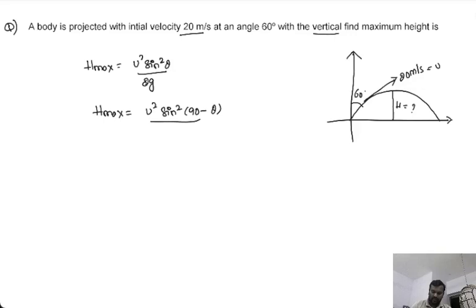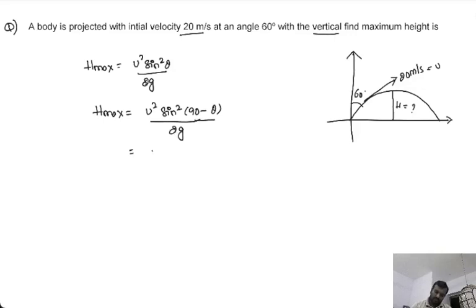You know the formula: h max is equal to u squared sin squared theta divided by 2g. Here theta is given with the vertical, so write the formula as h max is equal to u squared sin squared of 90 minus theta divided by 2g.